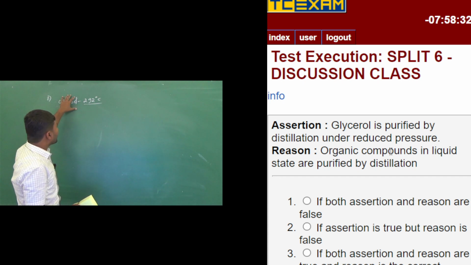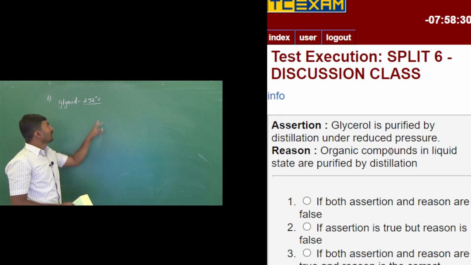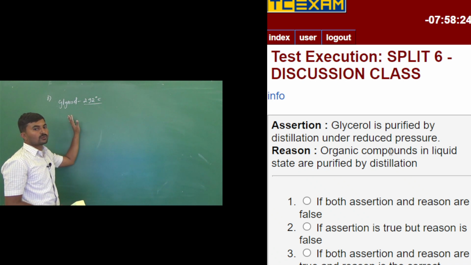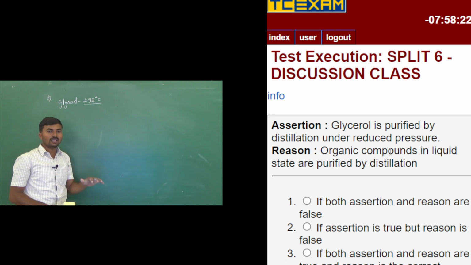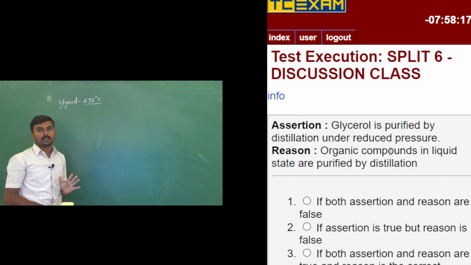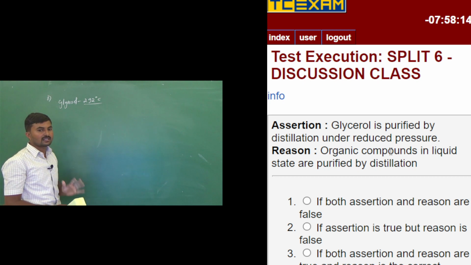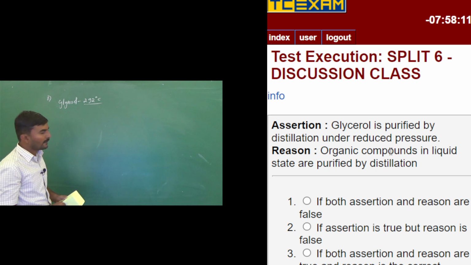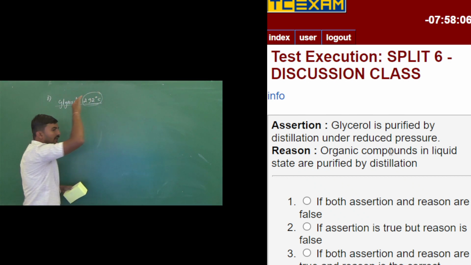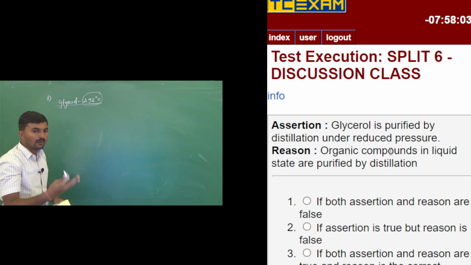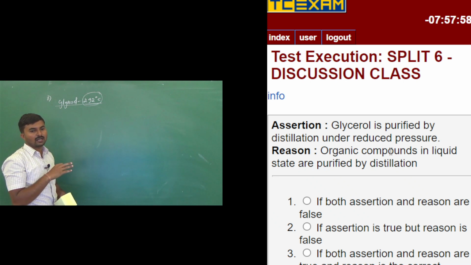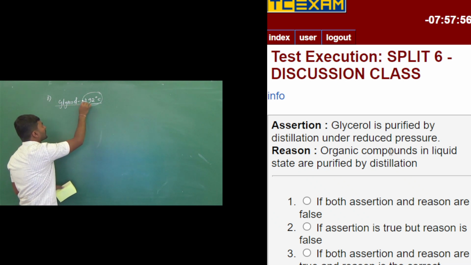That means when we boil this glycerol, before reaching 292 degrees Celsius it will get decomposed, and such liquids are purified by the special method called distillation under reduced pressure. Liquids that boil or decompose below their normal boiling points are distilled using the distillation under reduced pressure method.